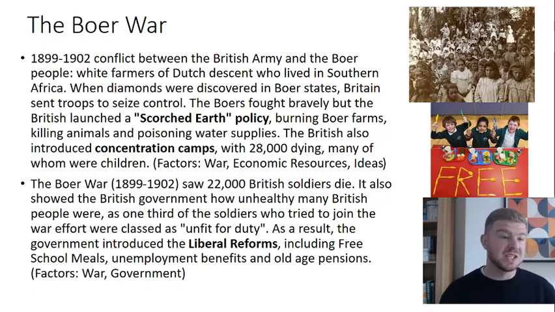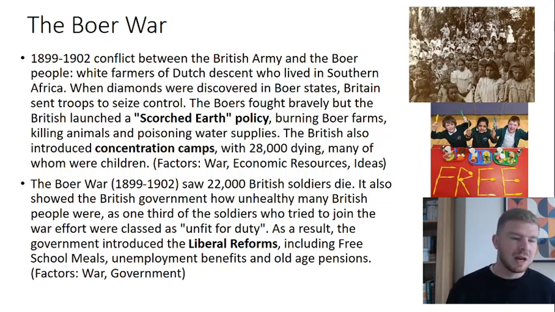Another thing that's really significant about the Boer War, which is why I think it would be a great one to come up in your paper, is that the Boer War had an unintended consequence. Not only did 22,000 British soldiers die, but when the British government were trying to call soldiers up, they had to reject a third of the men who tried to join the army. The reason they had to be rejected was because they weren't healthy enough.